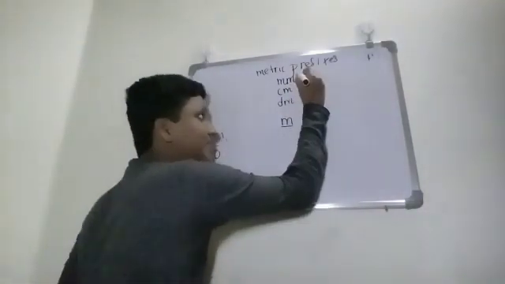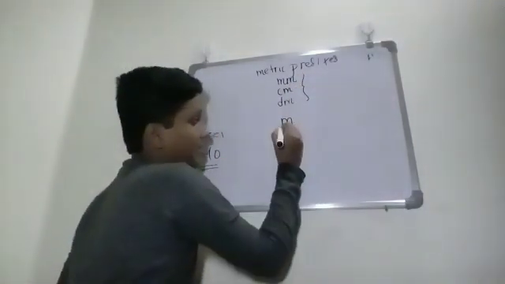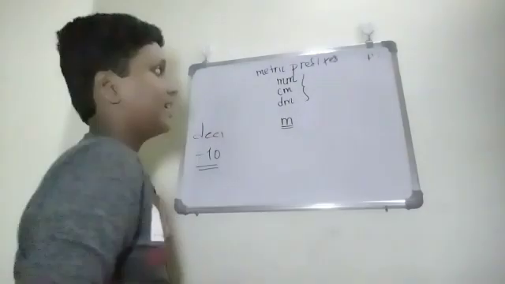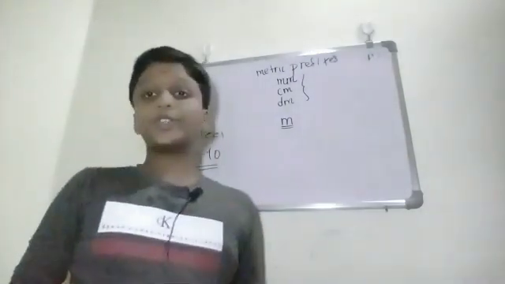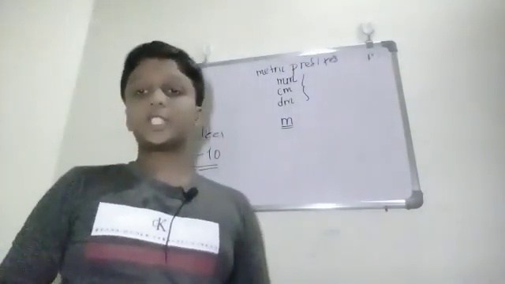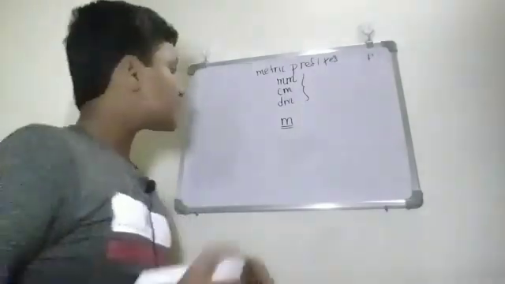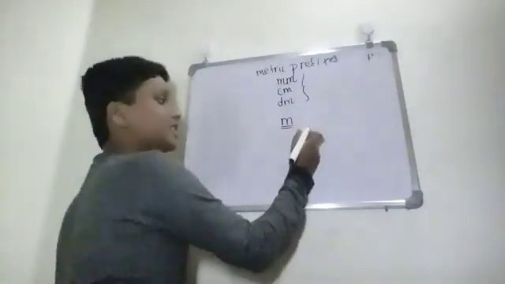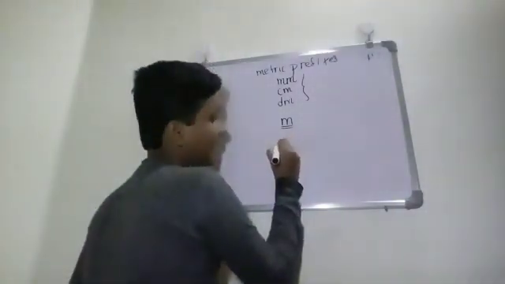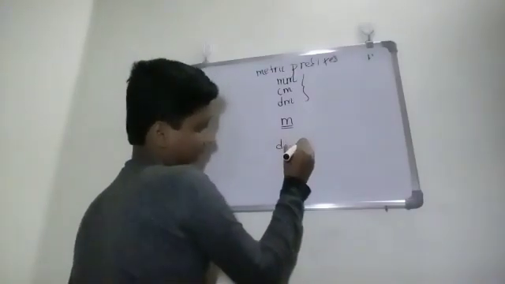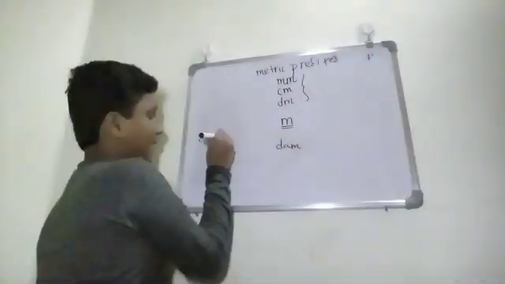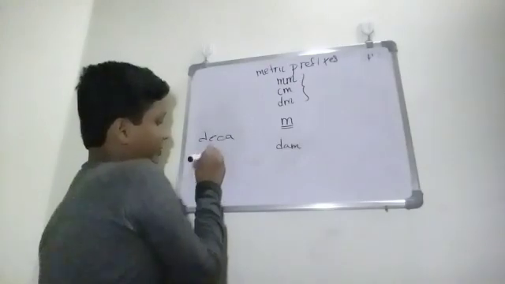So we have 3 metric prefixes before the unit itself, and after the unit we also have 3 metric prefixes. The first metric prefix after the unit is deca, as in decameter. Deca means into 10.